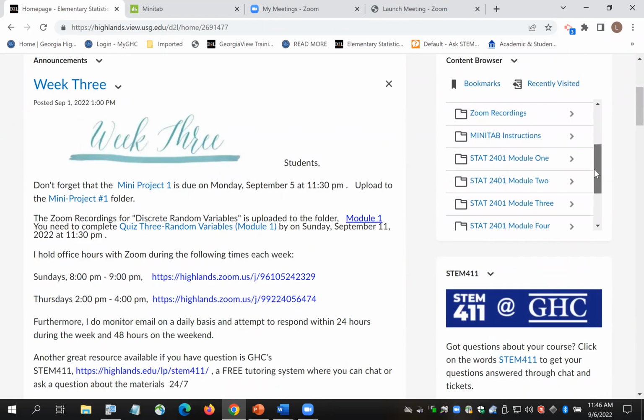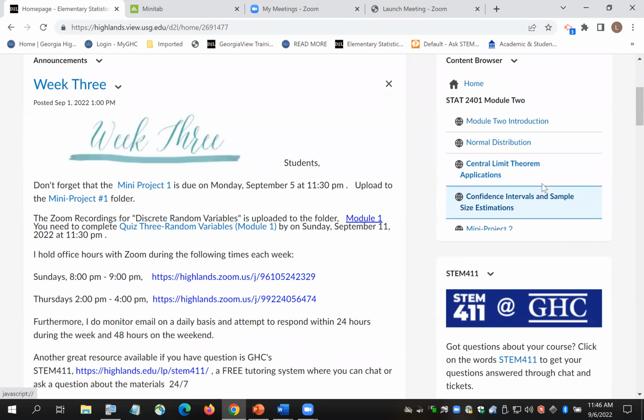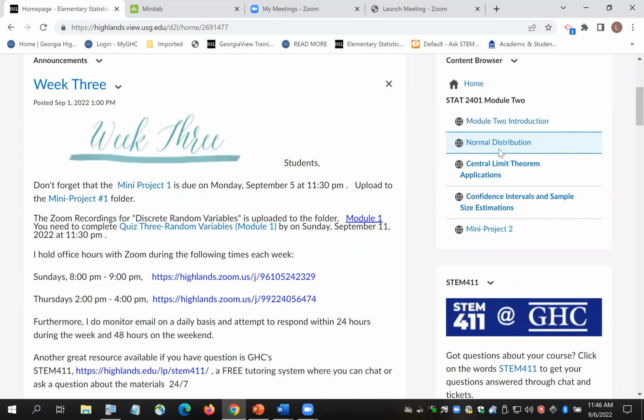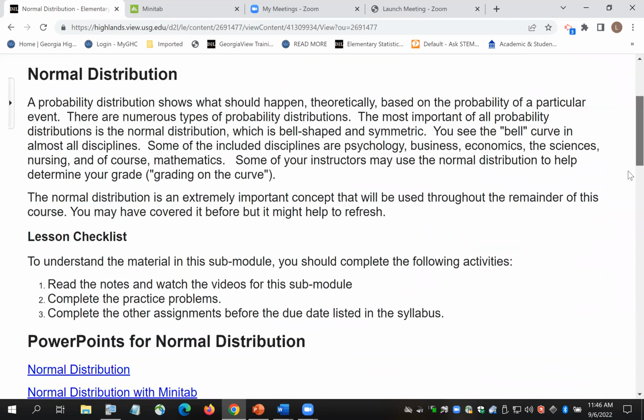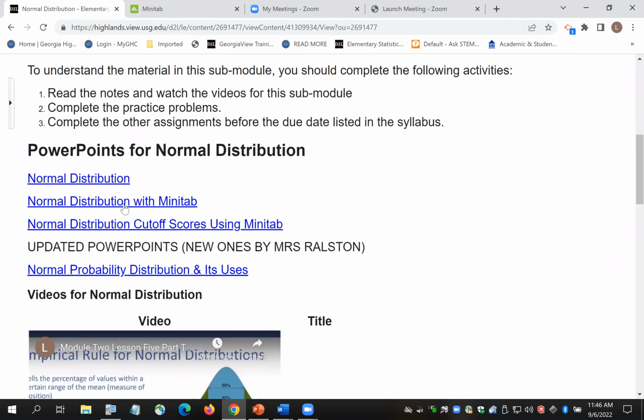I do want to show you something that I've done. I did it for the random variable lesson, and I've also done it for the normal distribution. Already embedded in the course were some PowerPoints, but I have updated those, and those are the ones that I am using during our class discussion.